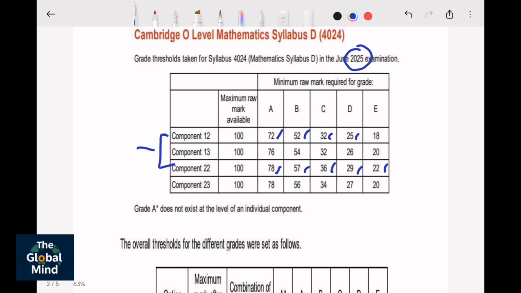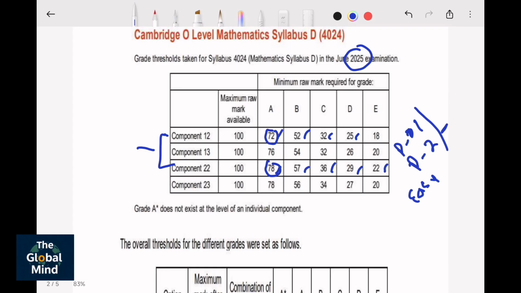Another important thing which you should note is that component 1 2, or paper 1, sorry, paper 1 and paper 2, if we compare them, paper 2 is always easier compared to paper 1, because the threshold over there in 2026 and here as well is quite high. 78 is high. It means that the paper was easier, and 72 means the paper was moderately a little tough.